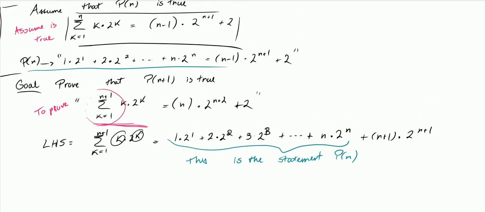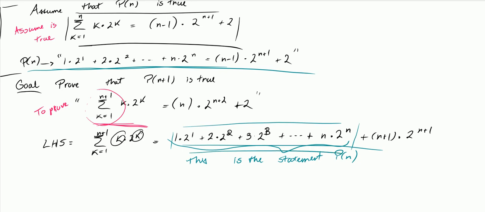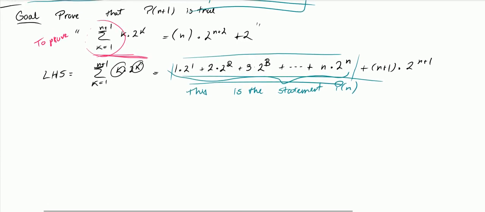So this is what I assume to be true, but I have that here. So I can use my inductive hypothesis, where I just replace this thing by the right-hand side here. This is the inductive step.